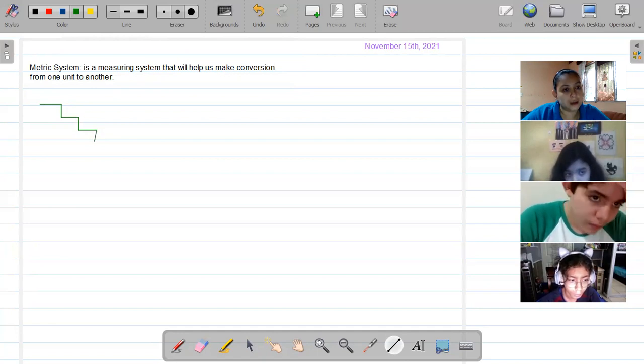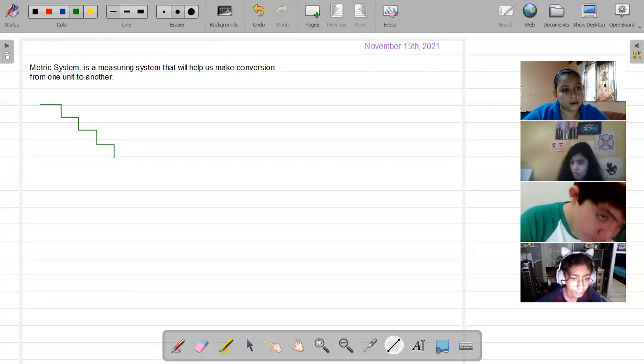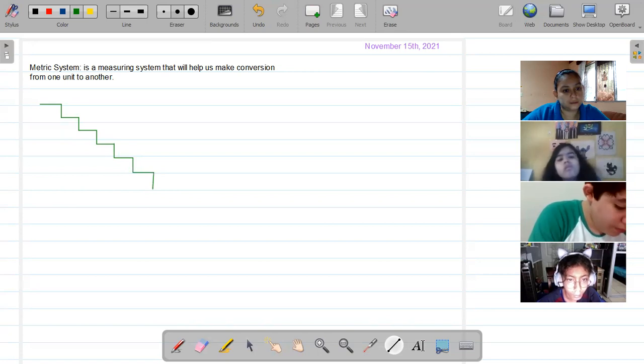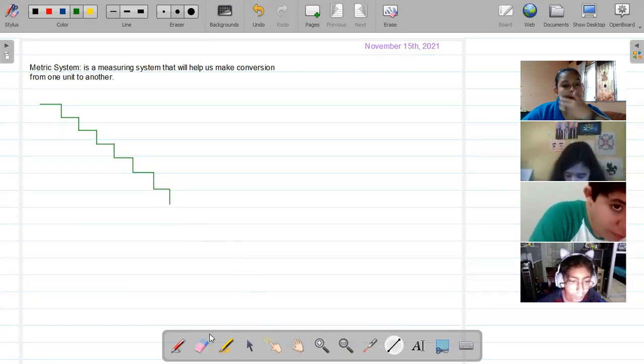Middle one is the main unit. We got 4 now, 5, 6, and 7. What are the main units?